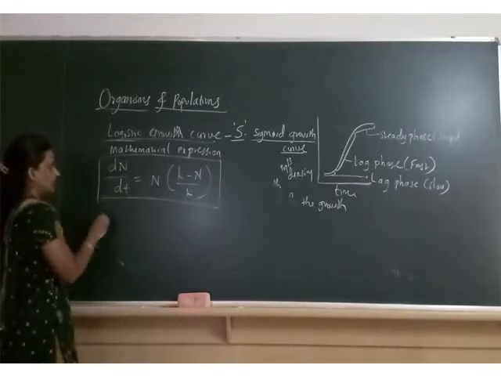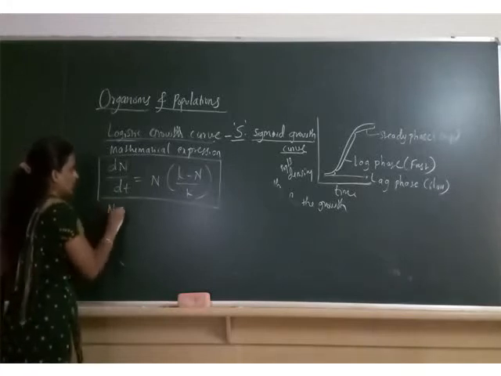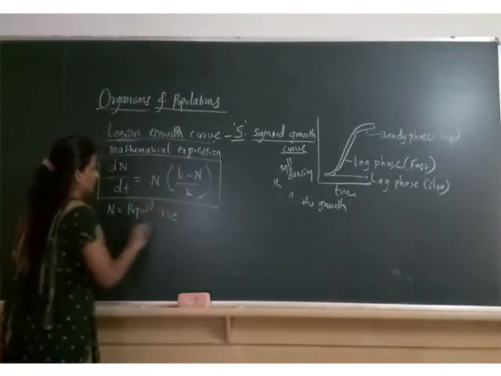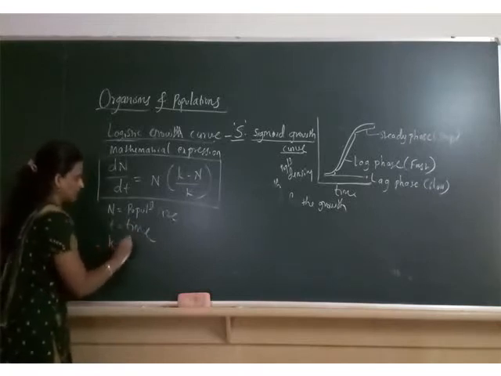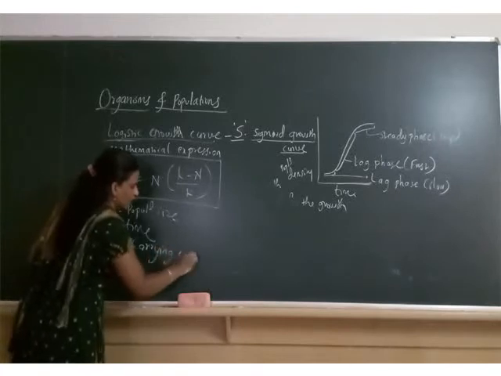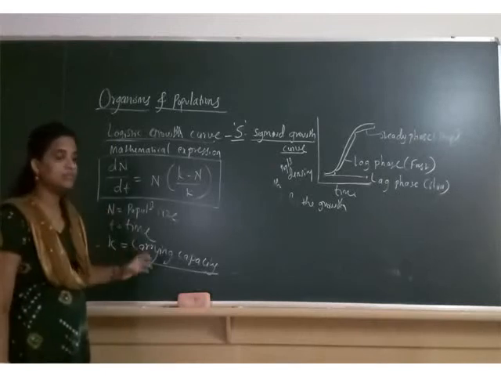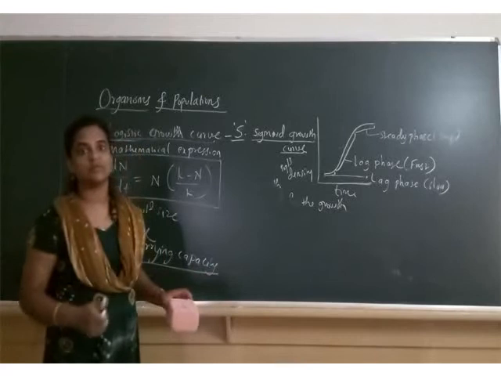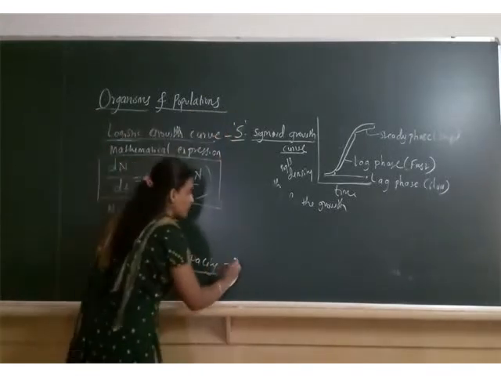dN divided by dt. N means population size. t means time. K means carrying capacity, means maximum size of population that can be supported by the ecosystem.